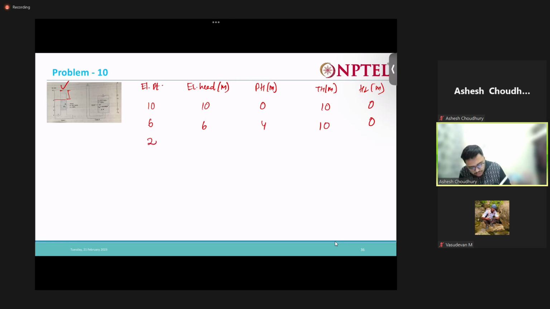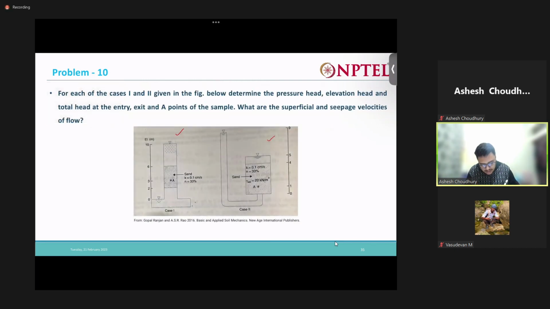Now at elevation point 2, that is my exit case. What is my elevation head? It is 2. So what we consider is that during this flow, all the head will be lost in this portion.